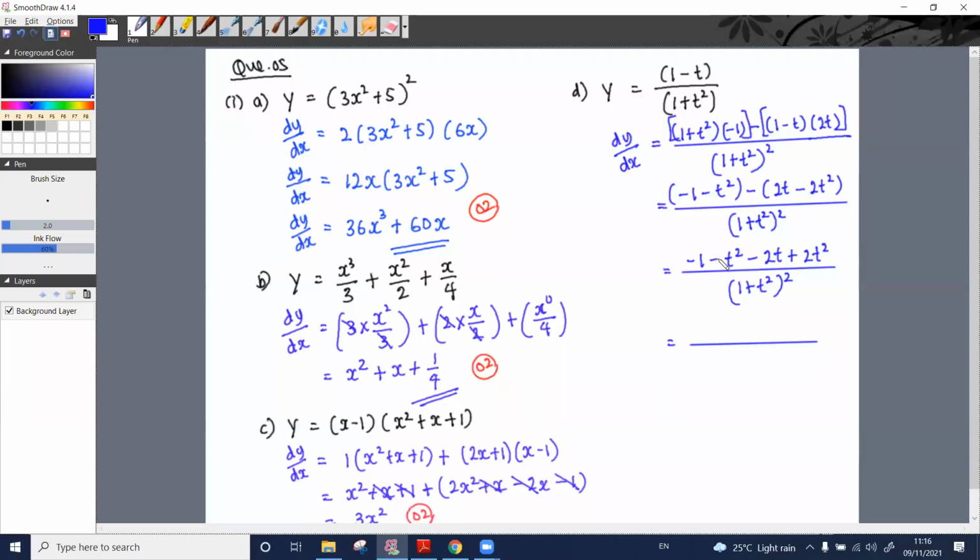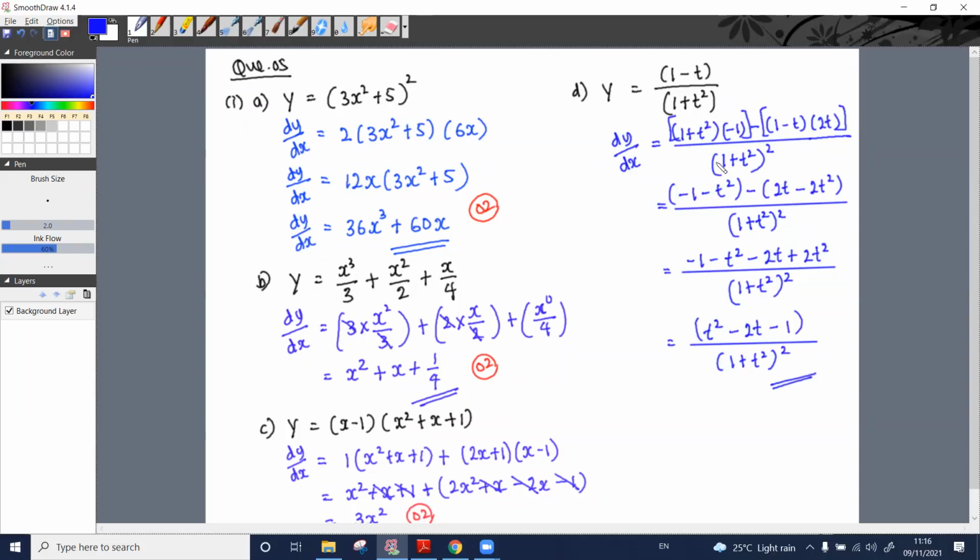Two t squared minus t squared, that is what? T squared. T squared minus 2t minus 1. In the denominator, we have 1 plus t squared the whole to the power 2.